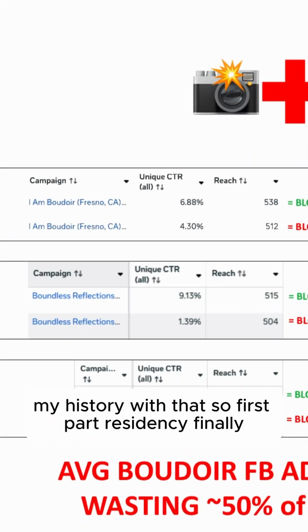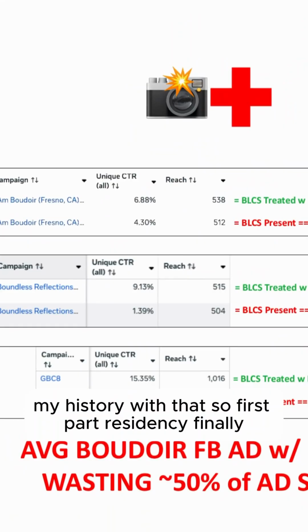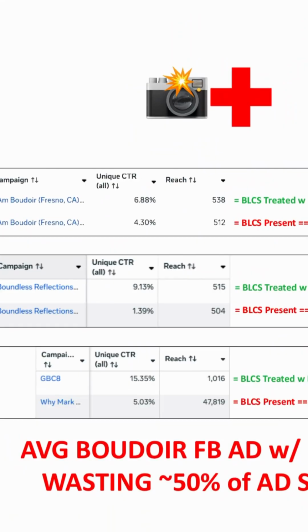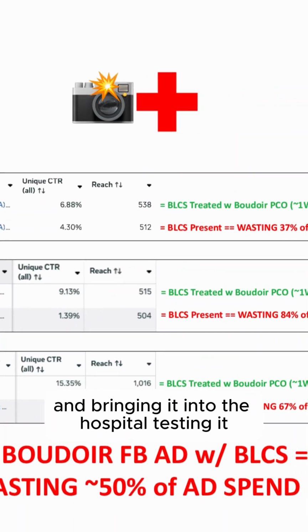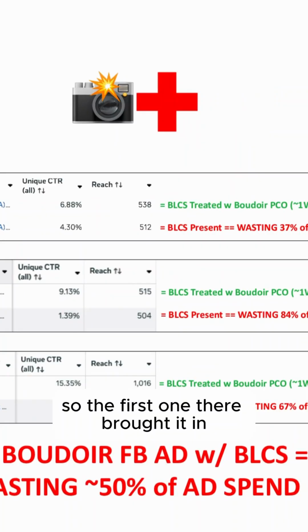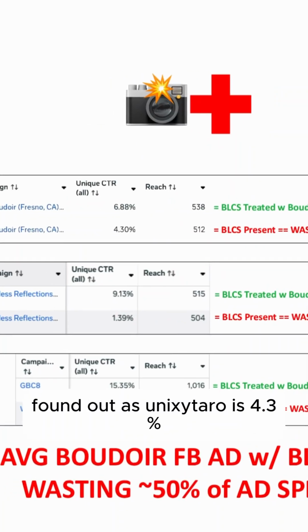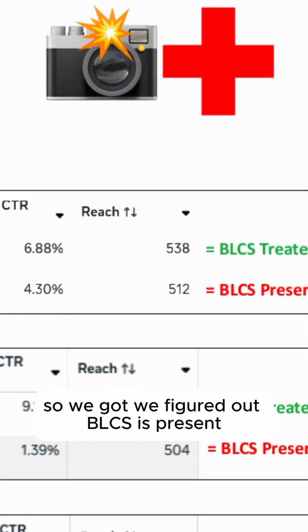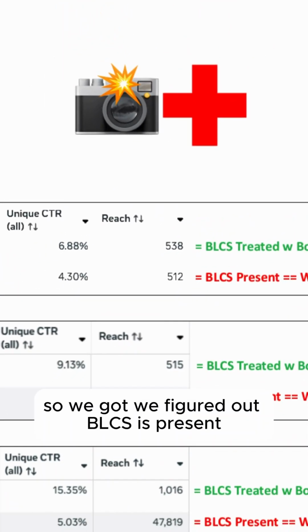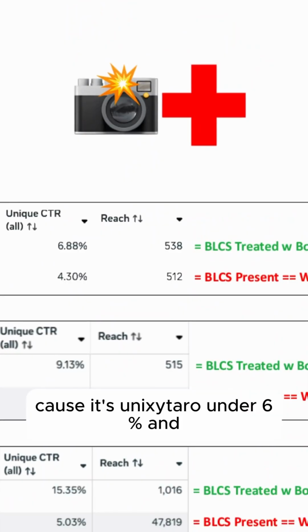So this is my residency, my history with that. First part of my residency was finding a Boudoir Facebook ad out there and bringing it into the hospital, testing it. The first one I brought in had a unique CTR of 4.3%. So we figured out BLCS is present because its unique CTR is under 6%.